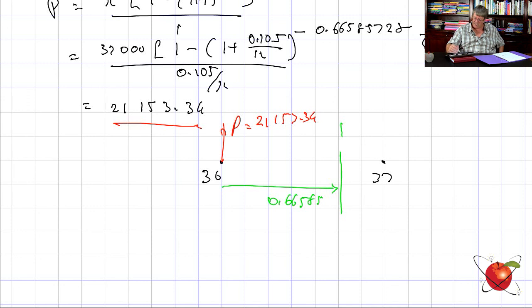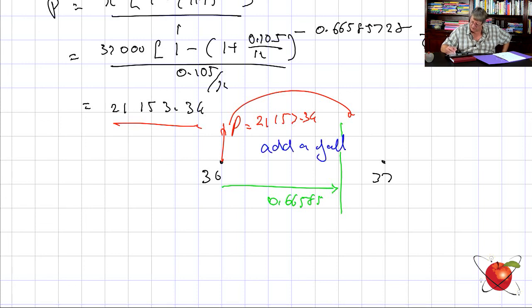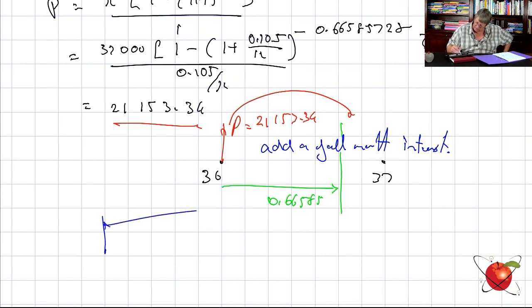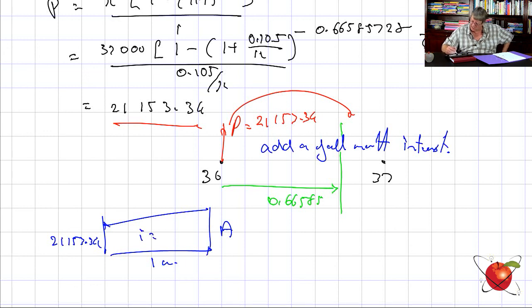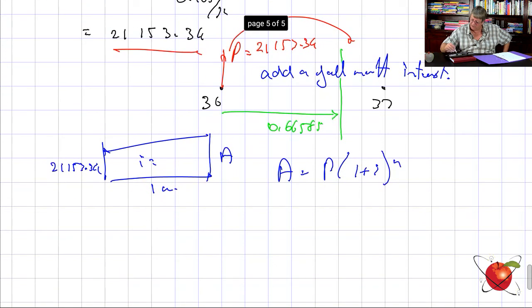But I'm going to pay this there. Therefore, I have to add a full month's interest, don't I? Which means I've now got a situation like this. Correct? 1 month, I know it's only 1 month. This is 21,153.34. This is my amount and my interest is the same. So therefore I say my amount is P(1 plus I) to the N. Let's just move it up a wee bit.